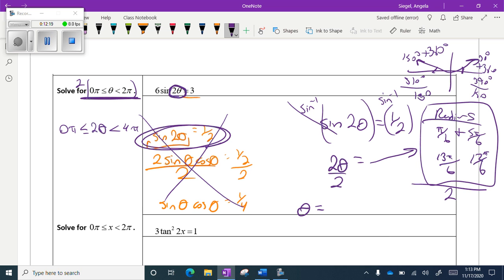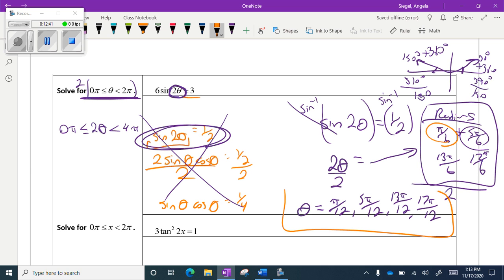So my actual radian answers are pi over 12, 5 pi over 12, 13 pi over 12 and 17 pi over 12. And these are my 4 answers.